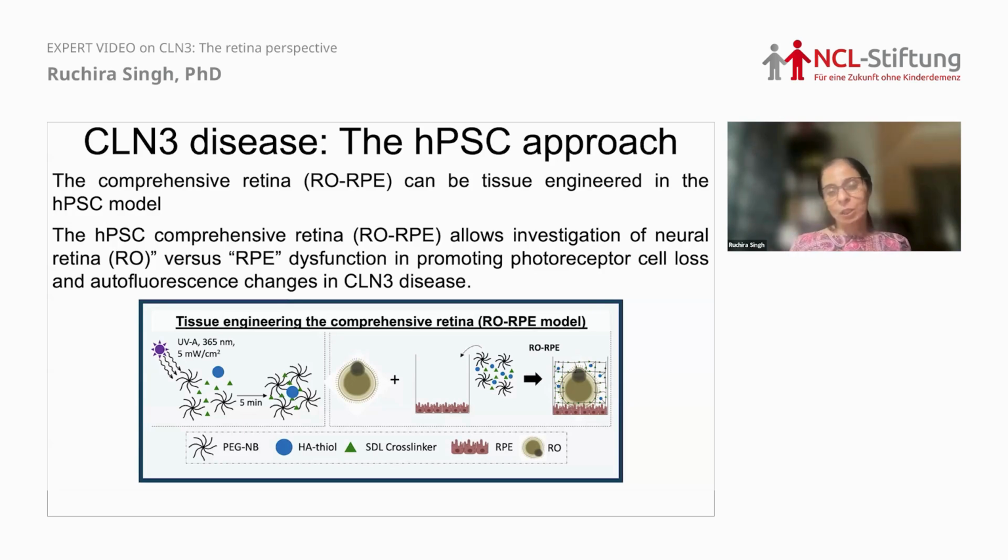And so basically, to be able to make the retina organoid RPE model, we use engineered extracellular matrix and some cues from in vivo development of the retina to promote the retina organoid and RPE to form a co-culture model that is conducive to studying the photoreceptor RPE interaction, which is where the CLN3 disease develops.